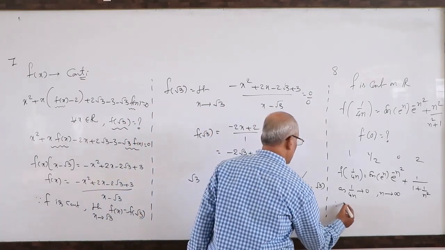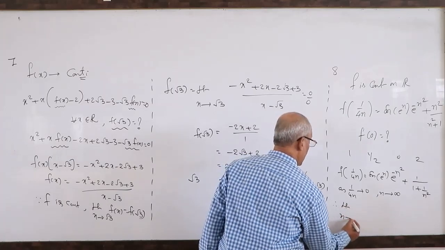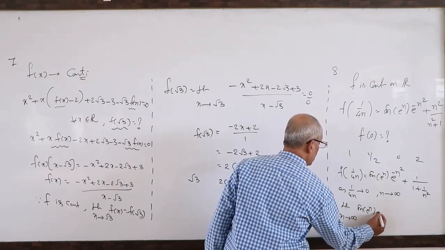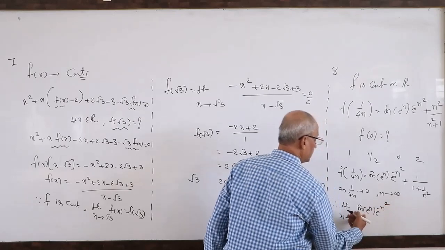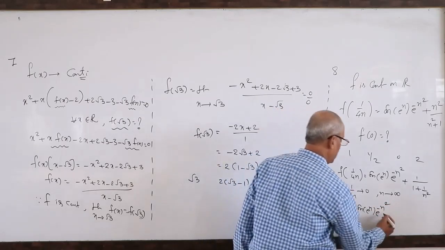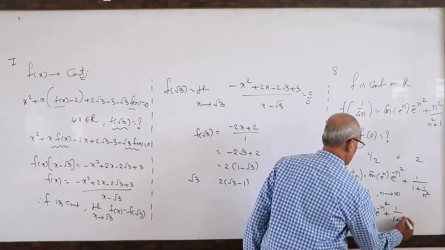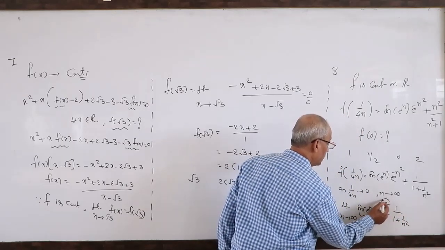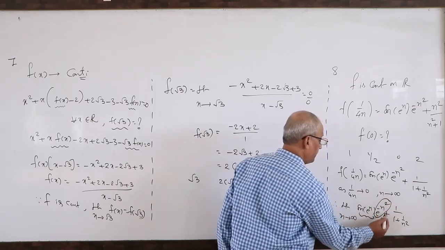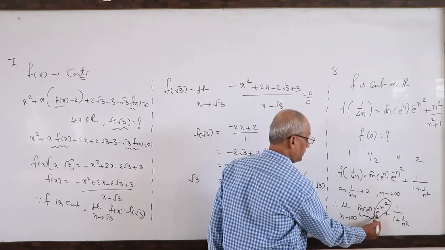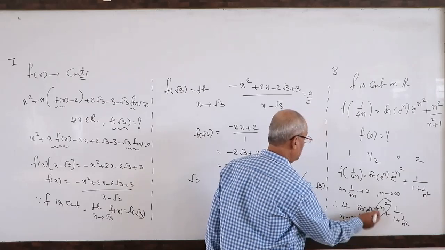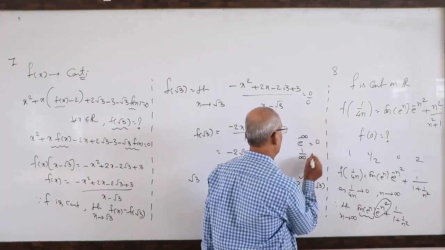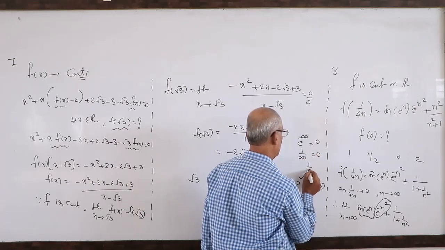Therefore, limit n tends to infinity, sin theta, where theta is something, anyway it is a finite number, 1 by finite number into 0, e power minus infinity is 0, 1 by infinity is 0, 1 by 0 is infinity.